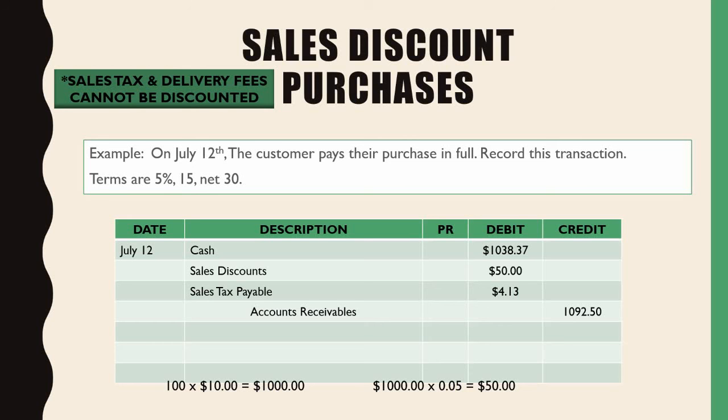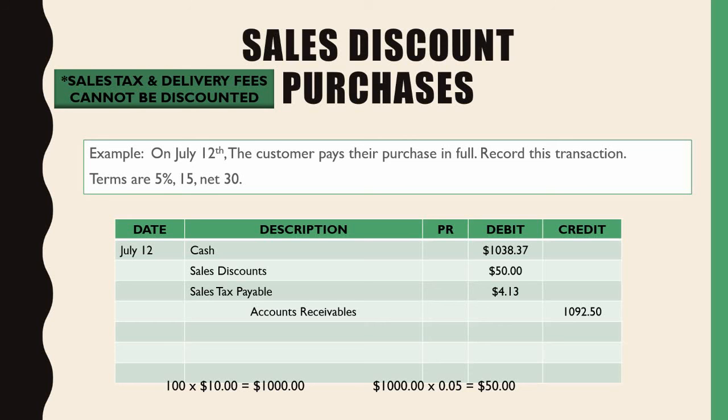In this case, you can only discount the original sales price. You can't discount tax and you can't discount delivery charges. So we have to dissect the original sales to find how much the actual invoice was for.